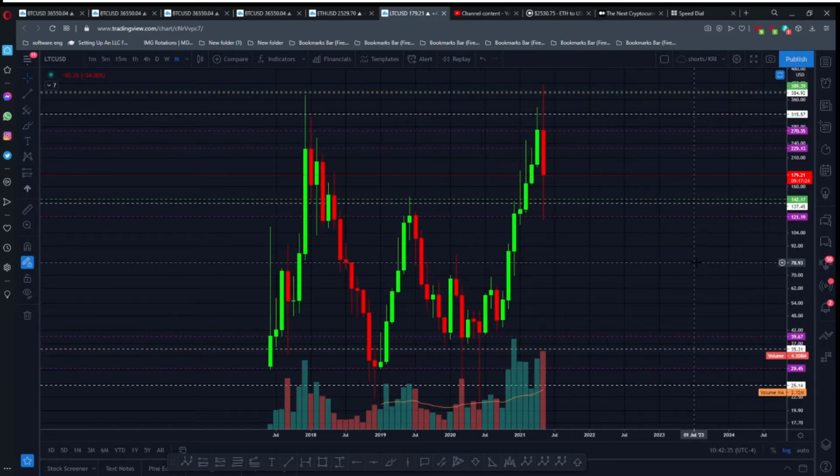So this is Litecoin, and the first time we went over this chart, we were talking about the confluence zone. This zone between $229 and $384. Like we said in April, you can go back on the channel and look for this analysis.